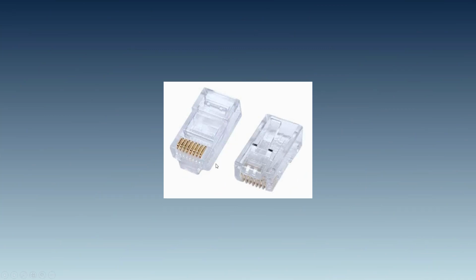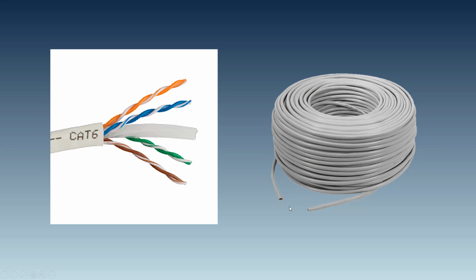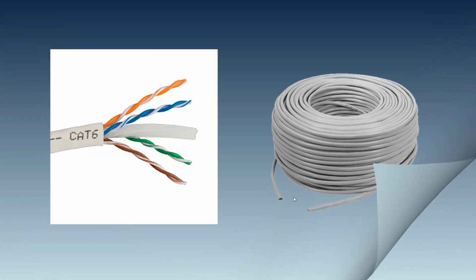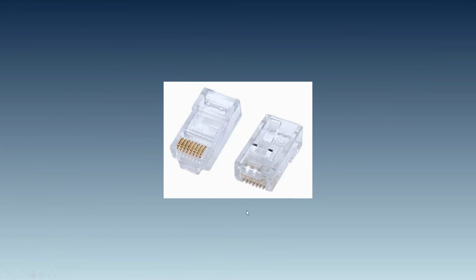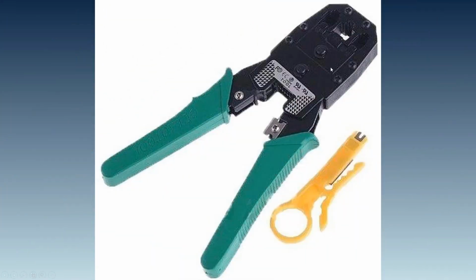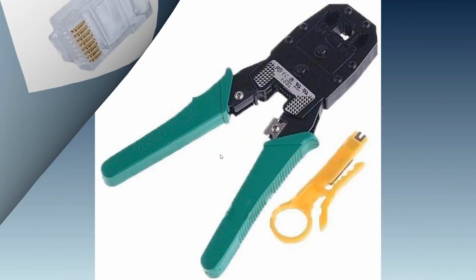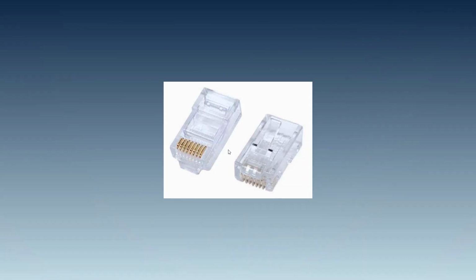And these are the connectors we call RJ45 connectors. These are placed on these ends to connect to the computers. RJ45 connectors have 8 pins, and a special tool which we call a crimping tool. This is the crimping tool. It is used to attach these connectors to the cable.